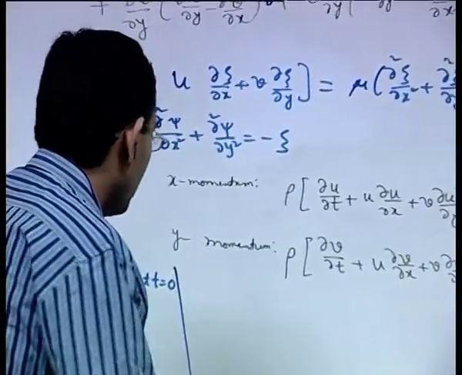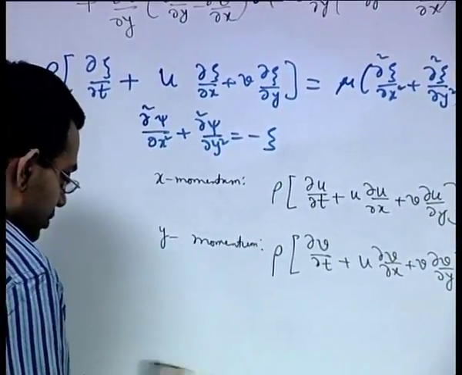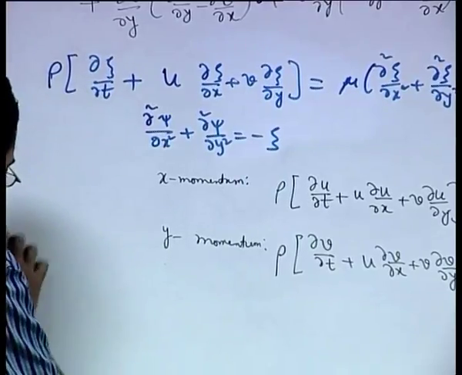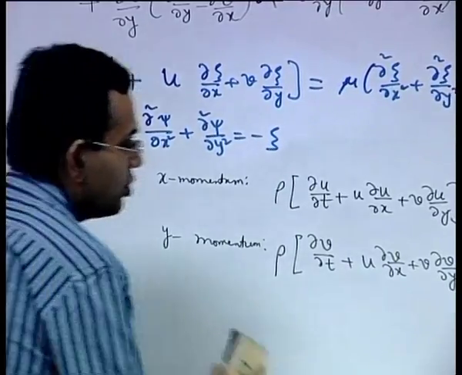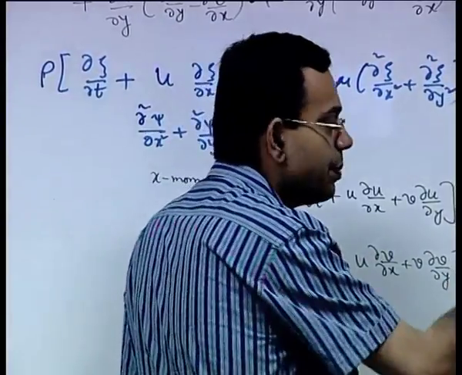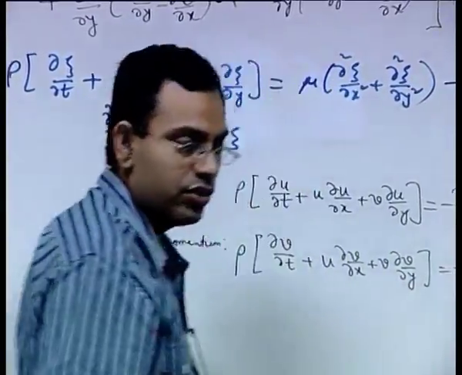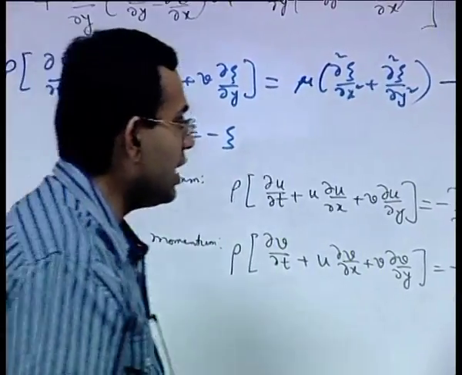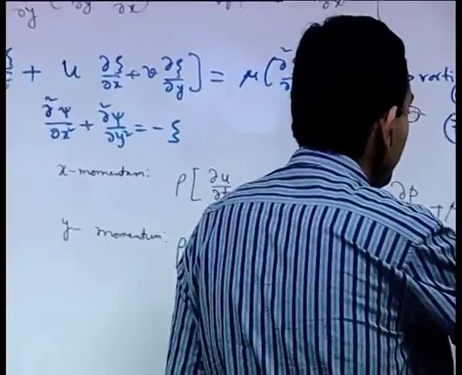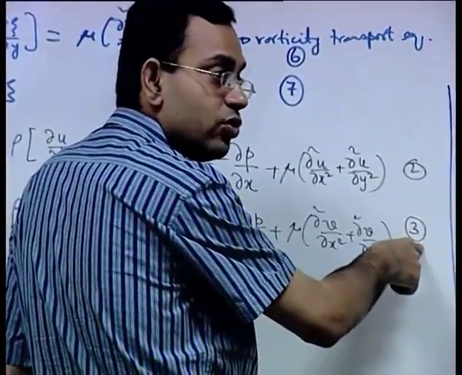So, how do you recover pressure? To recover pressure, once you know U and V, you can set up a governing equation for pressure. How can you do that? Let us say that you differentiate now equation 2 with respect to x and 3 with respect to y and add together.